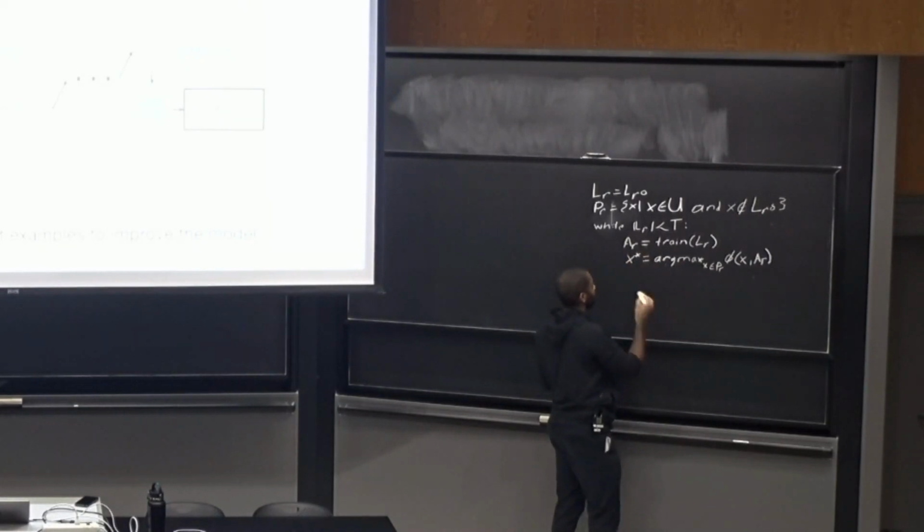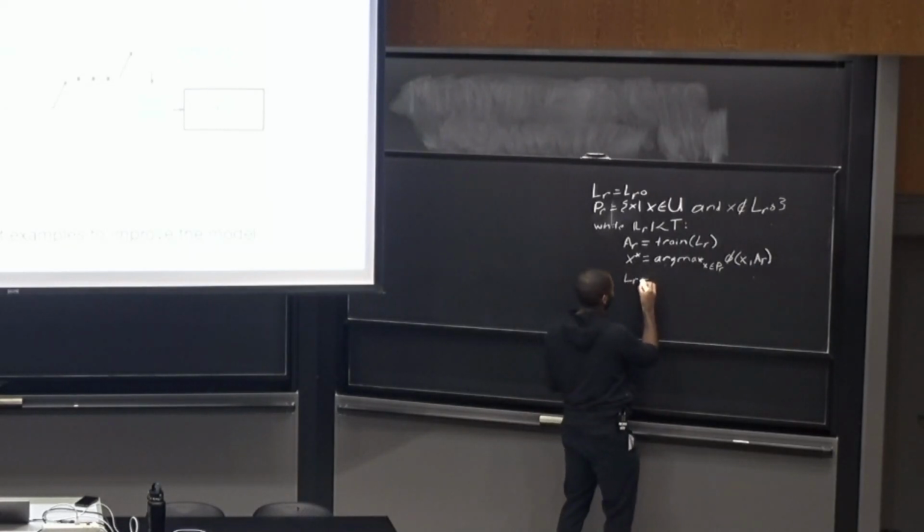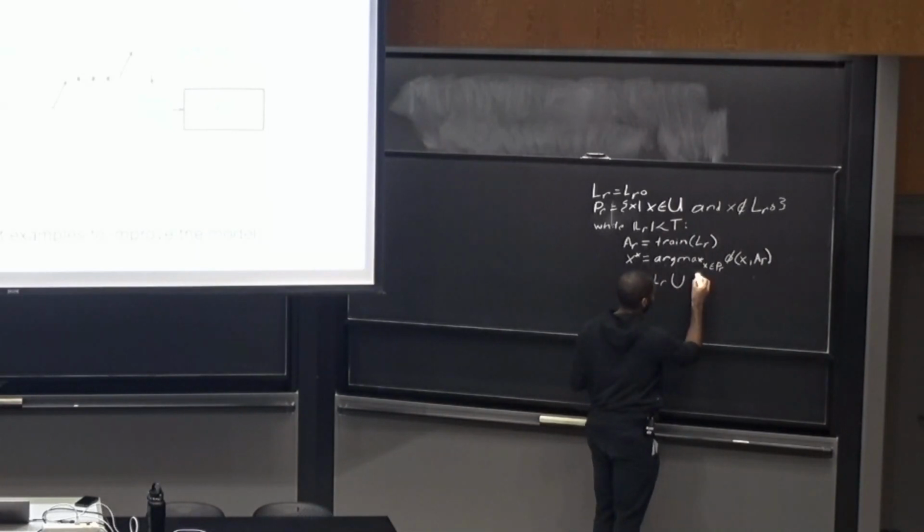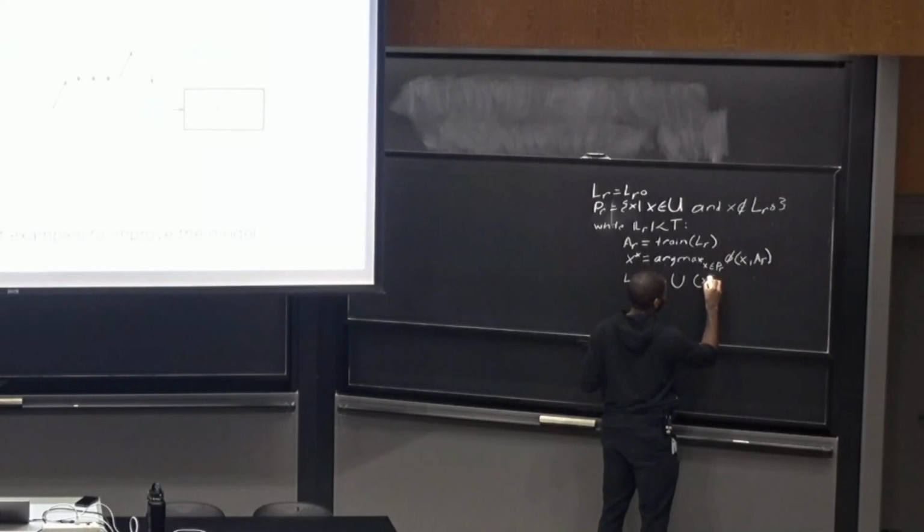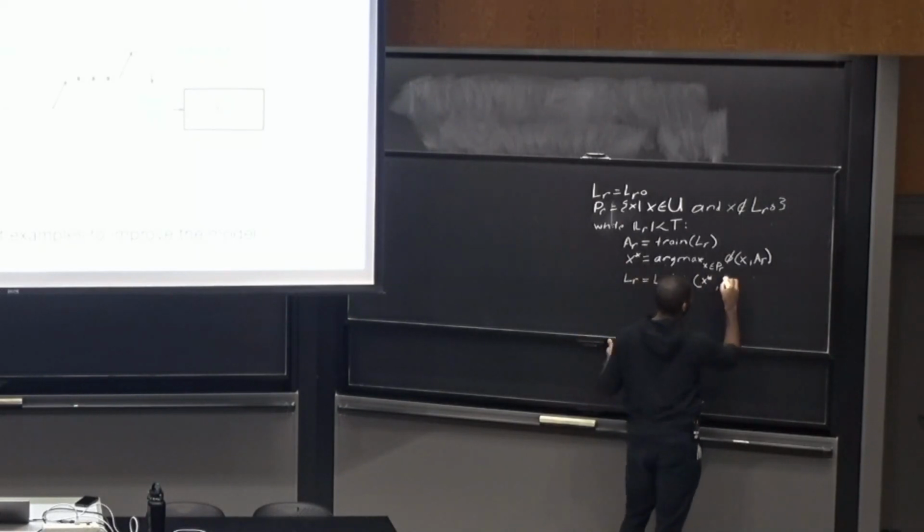And then with X star, we can go and update our label pool by taking our existing labeled examples and taking the union with one additional example, which is X star, comma, the label of X star.